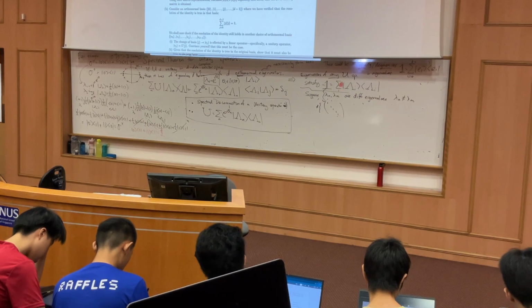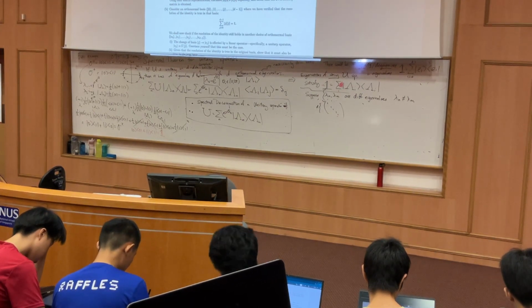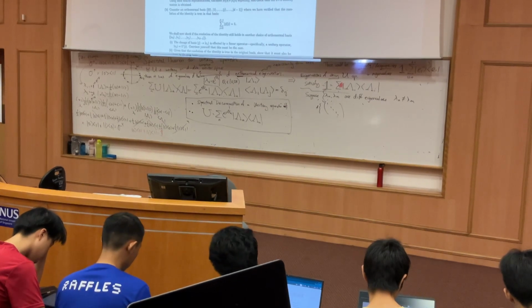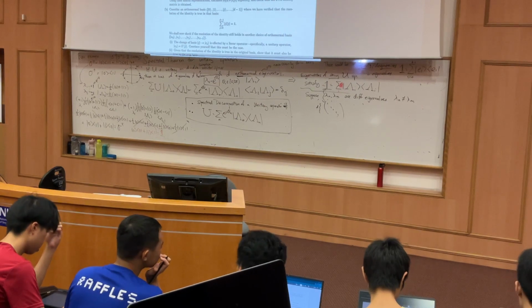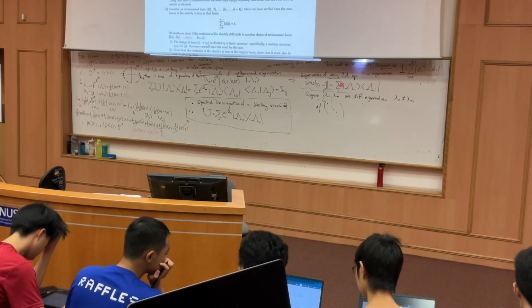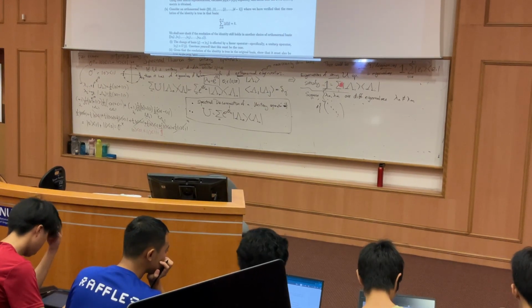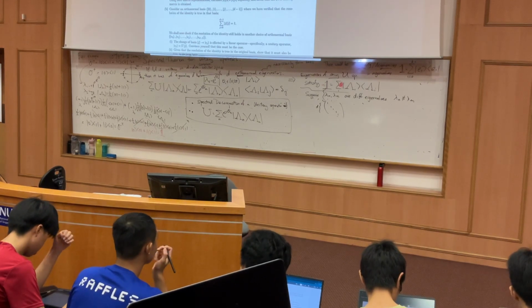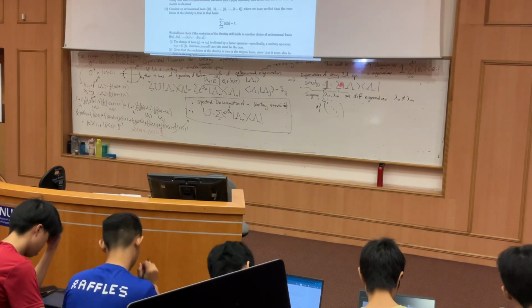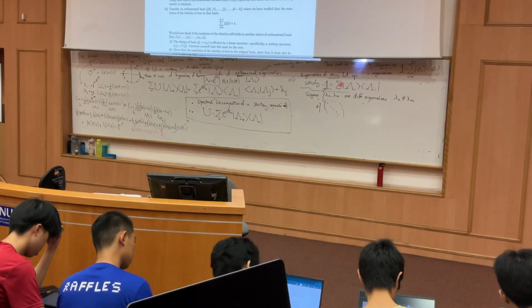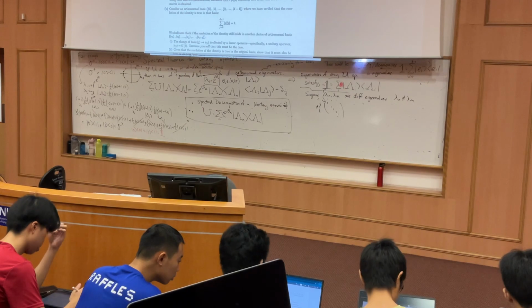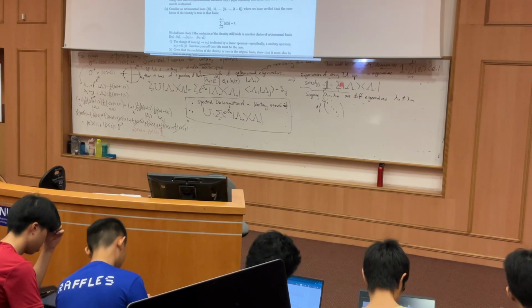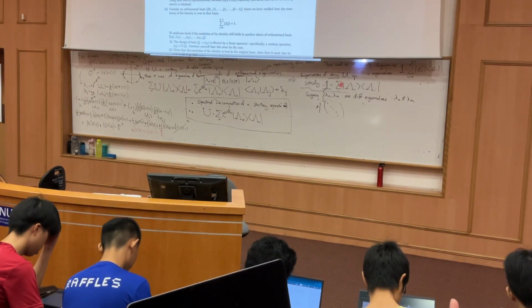The P and P inverse comes when you do a change of basis. I think it's assuming that this matrix will only work if you put it on the basis of this. Where does P inverse come about? This P inverse is probably to change this basis into its original basis.